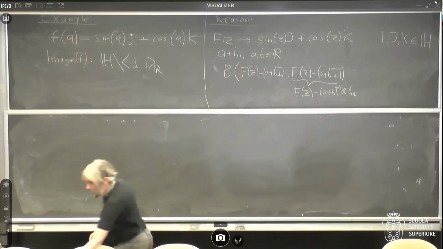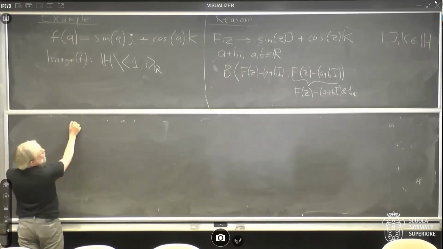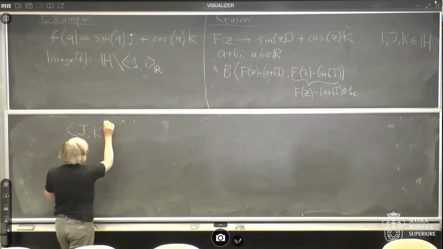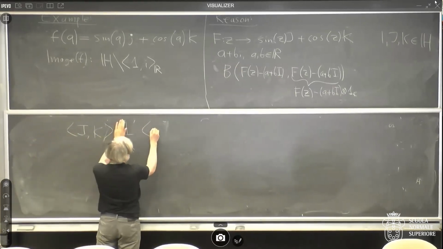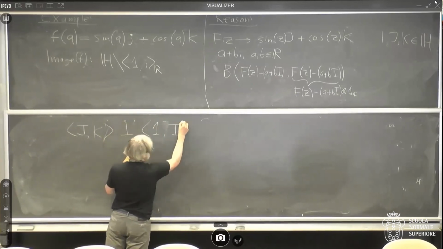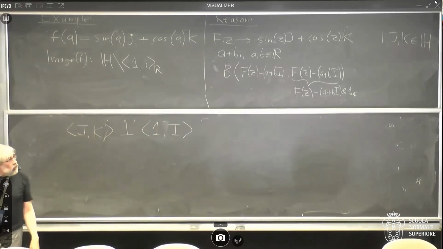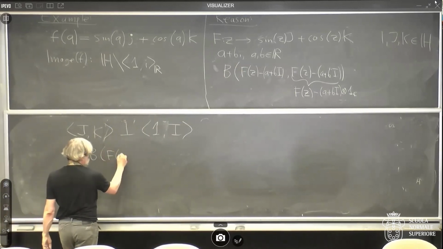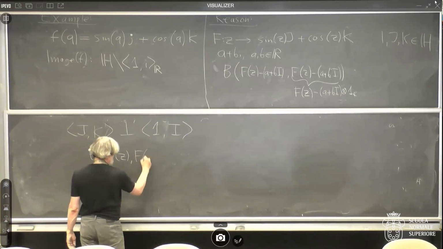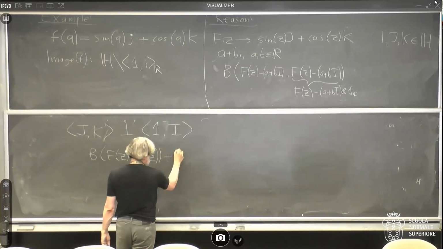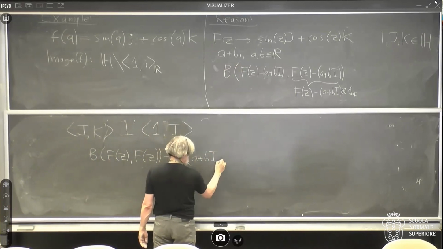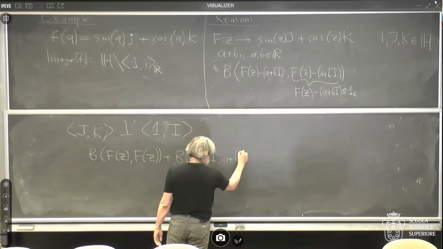So basically the space generated by J, K is orthogonal to the space generated by 1 and I. And so this bilinear form just decomposes into the bilinear form applied only to F and the bilinear form of this quaternionic number.